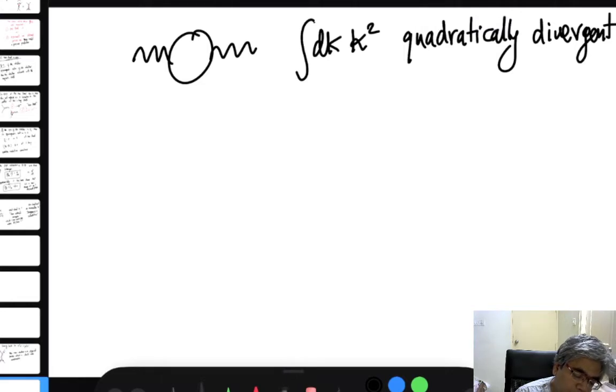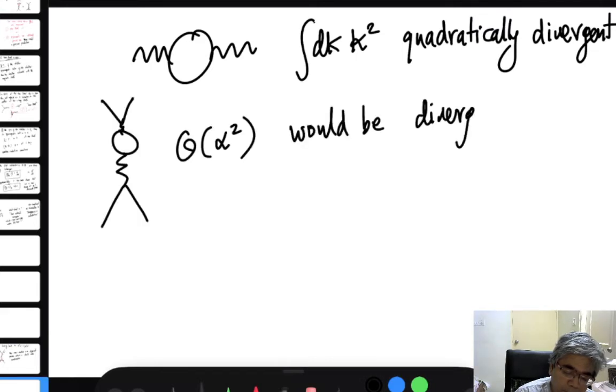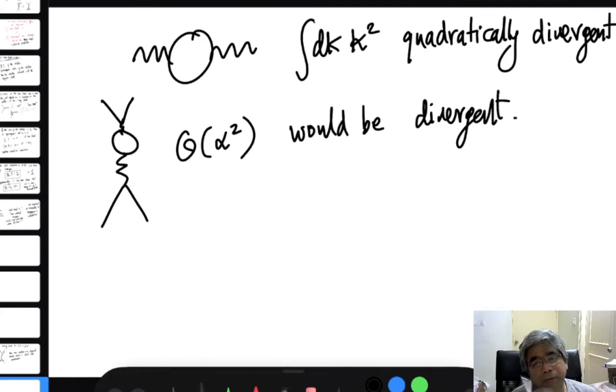These divergences can be thought of as infinities appearing in computations at higher order.